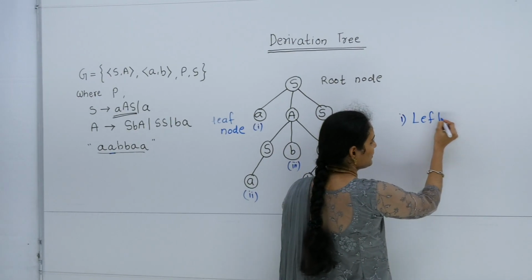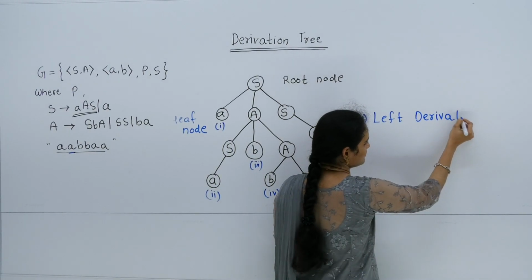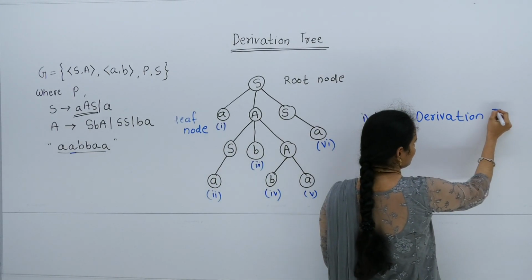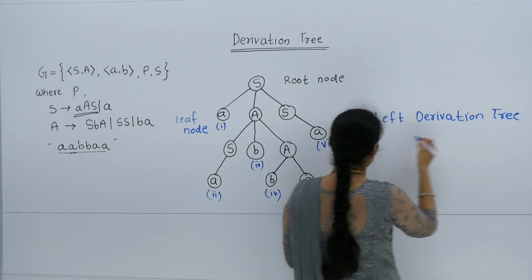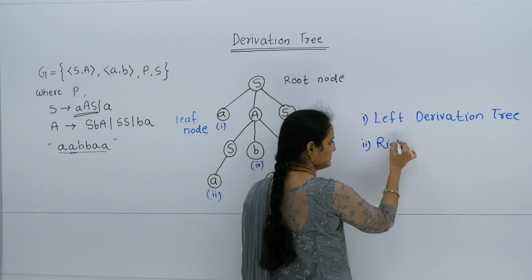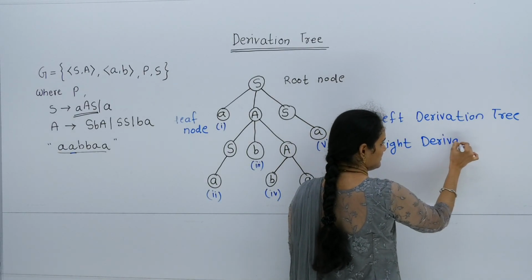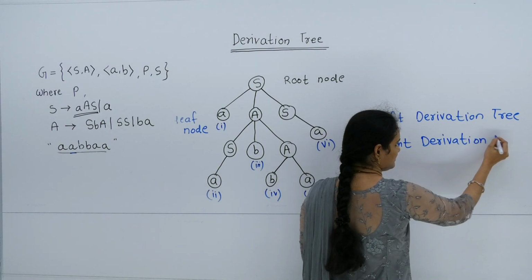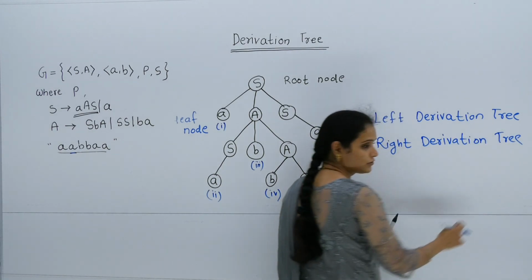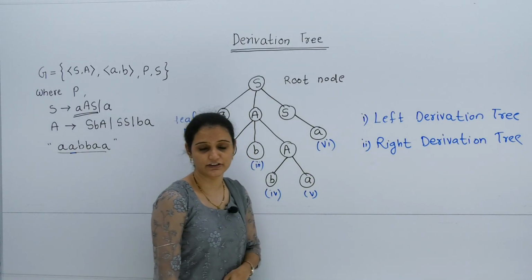Left derivation tree and the second is right derivation tree. Okay. So here we will see what the left derivation tree and right derivation tree are.